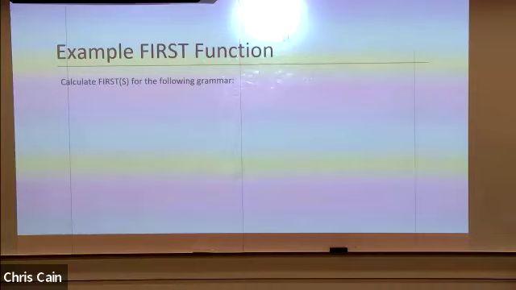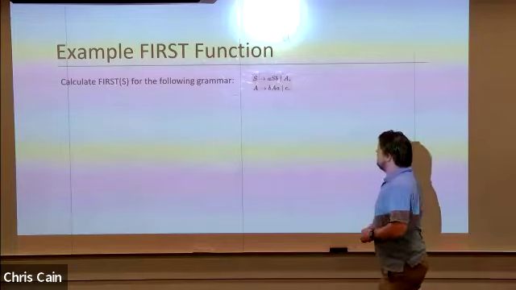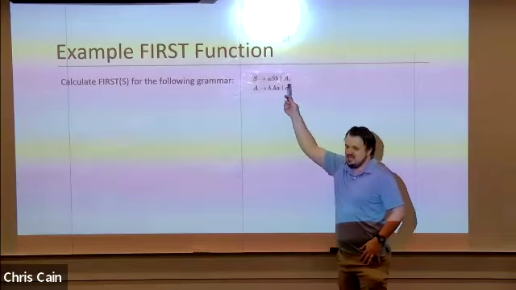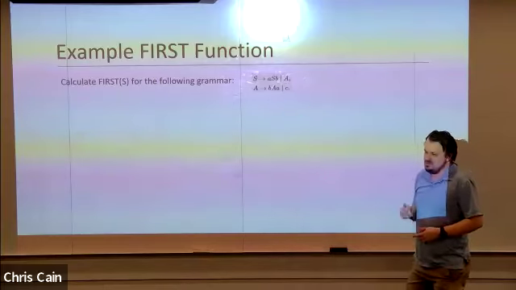So first of S for the following grammar. First of S can produce one of two different productions. We want to know what are all of the characters that a string defined by this grammar could start with.